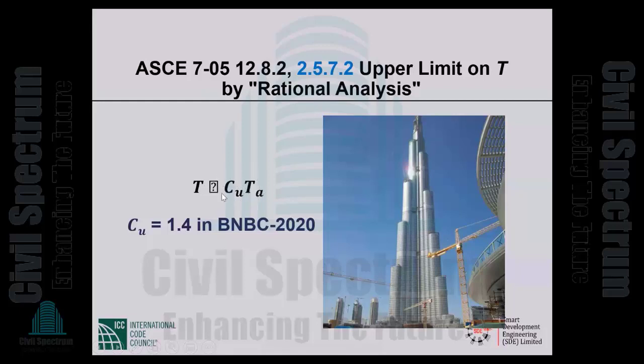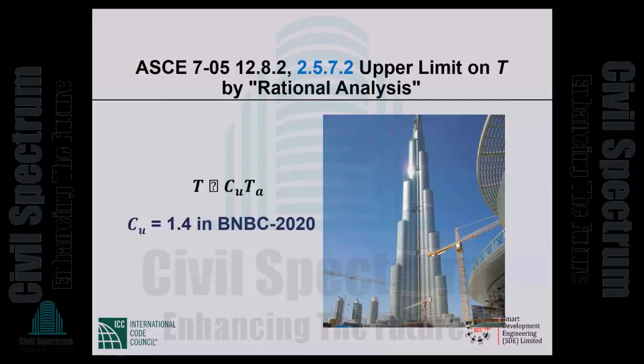The less than or equal to has become that sign, I'm sorry. In BNBC, that C_u is a fixed 1.4. So you cannot take a rationally computed period any larger than 140% of the approximate period.